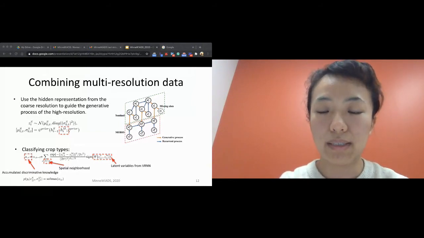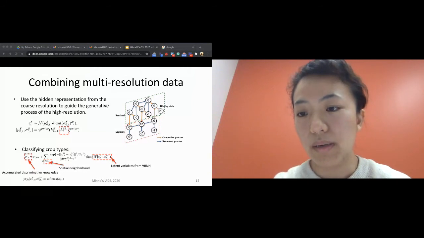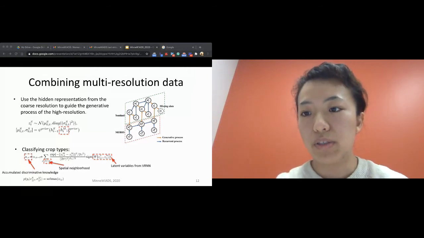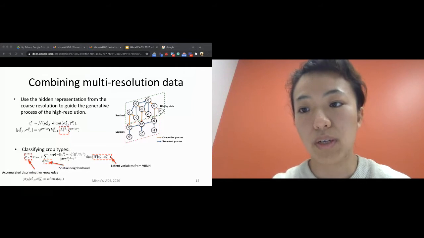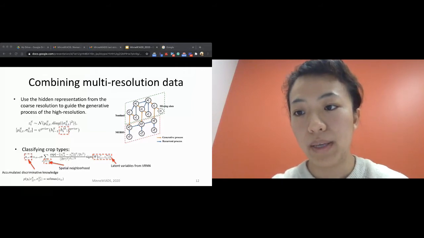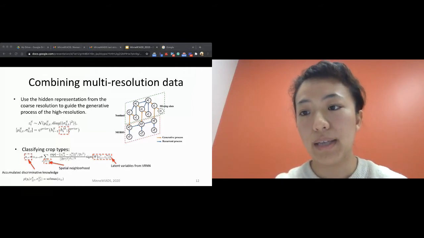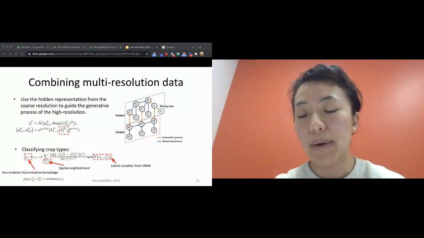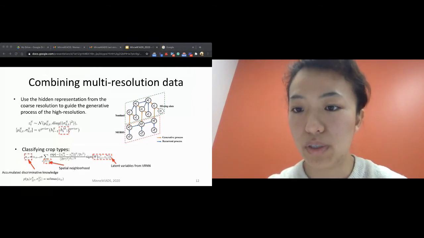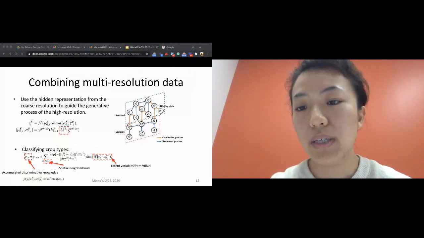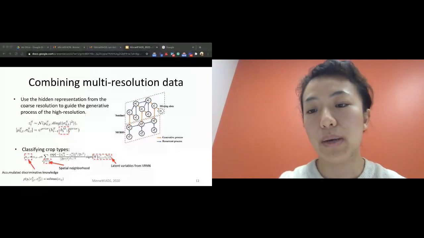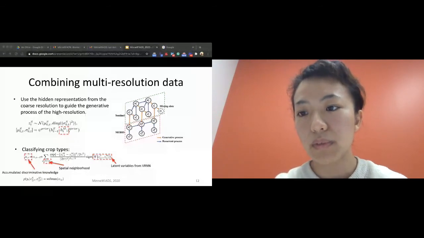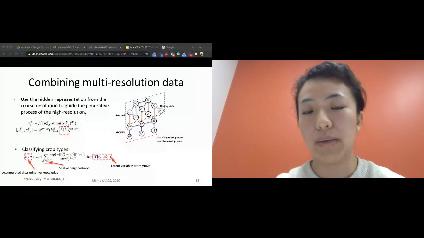What that means is, for MinneWiADS, like I was showing in the previous slide, the generation process is a standard variational recurrent neural network where Z is dependent upon the previous hidden state and the current state X. But for the higher resolution Sentinel, Z is dependent not only on the previous hidden state from the Sentinel image, but also from the MinneWiADS image. You can also see it from this graph here.